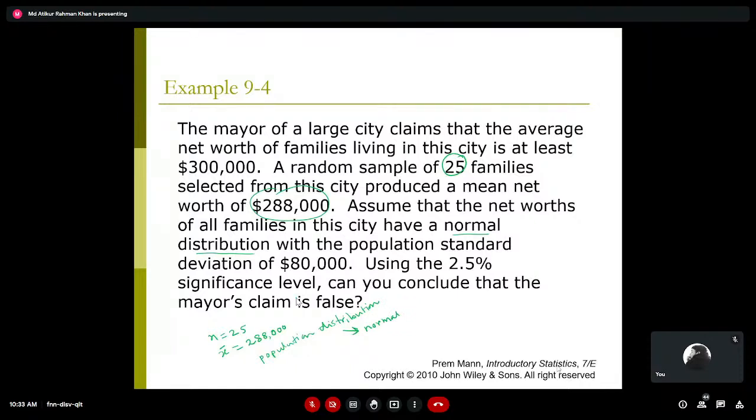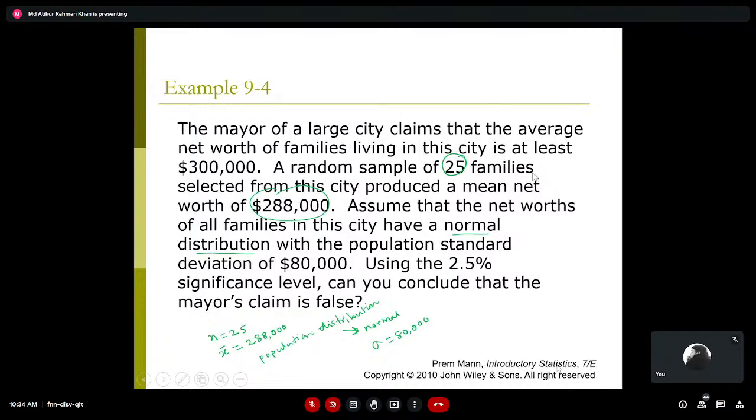With a population standard deviation of 80,000. So what does this mean? Sigma equal to 80,000. Using a 2.5% significance level, can you conclude that the mayor's claim is false? So we are going to test the claim. What is the claim?